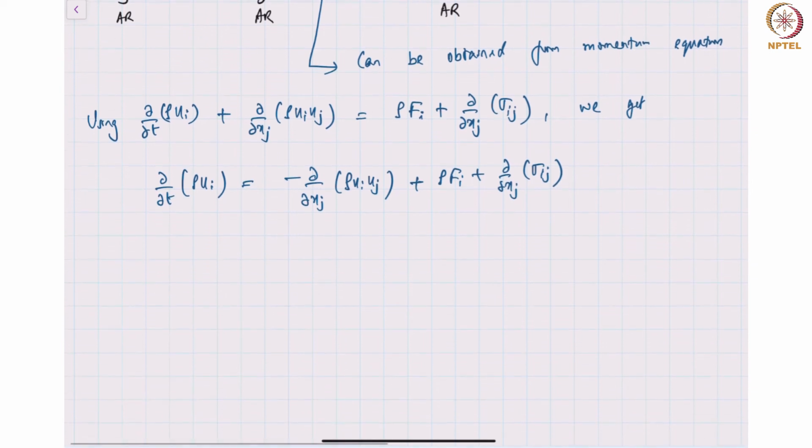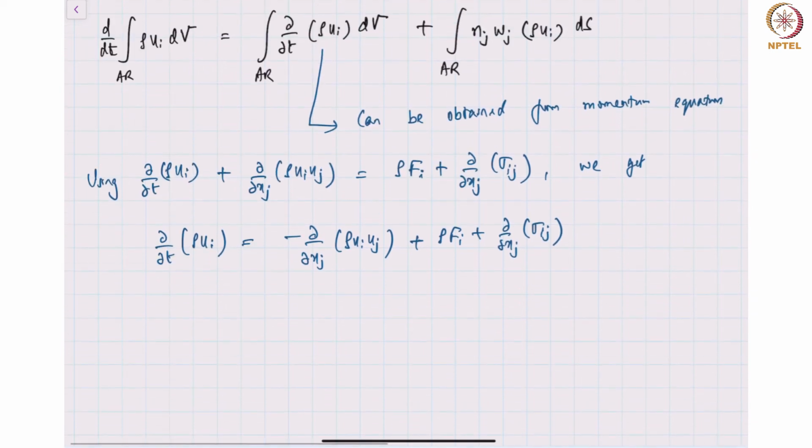And if I substitute this into my original equation, I have all these terms here.